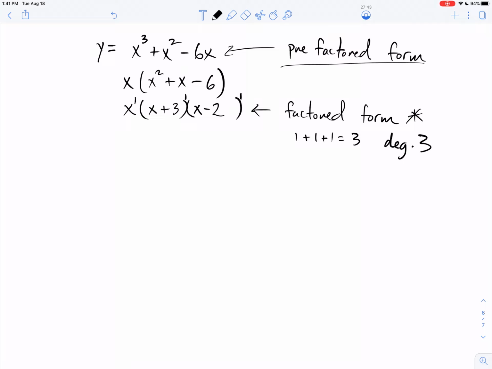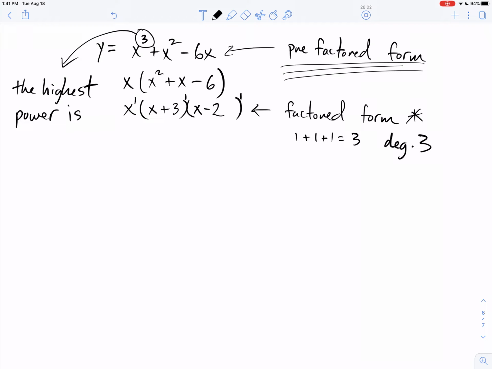But if it's in pre-factored form, please do not mess this up. That does not mean add up all the powers there. If something's in pre-factored form, the highest power is the degree of the polynomial.